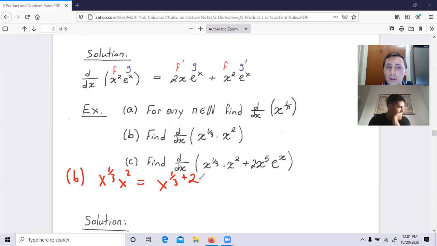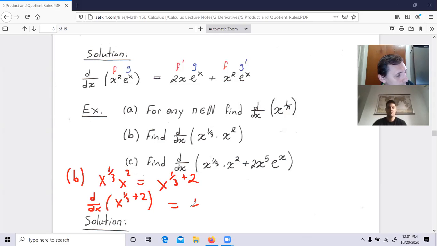Now what do you think is the derivative of x to the 1/3 plus 2? You drop the power, so the power rule actually ends up working: 1/3 plus 2 times x to the power of 1/3 plus 1.